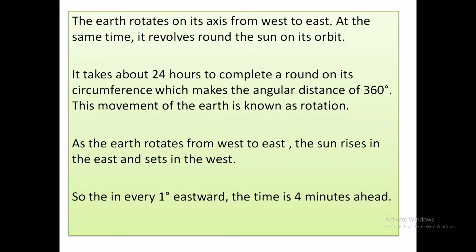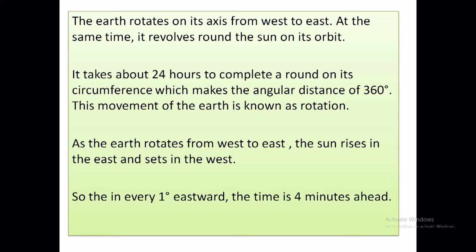So, let us see here, the earth rotates on its axis from west to east. I think you have all seen the globe, and the globe is fixed on a rod through its middle.